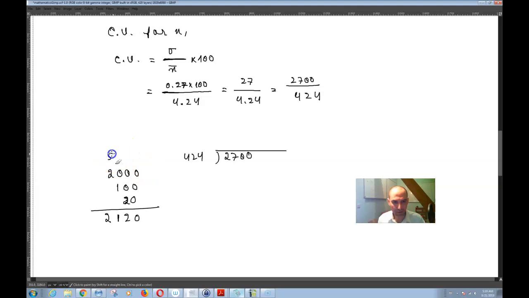That's 5 times 424. Now 424 times 6 is equal to 6 times 4 is equal to 24. 6 times 2 is equal to 12, 14. 1. And 6 times 4, 24, 25, 25, 44. Okay.